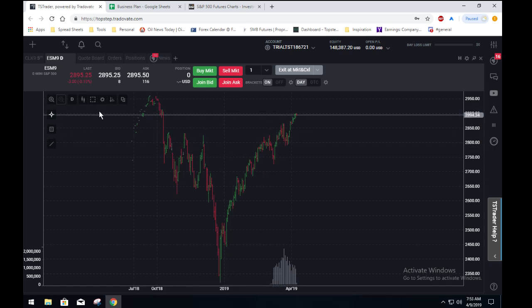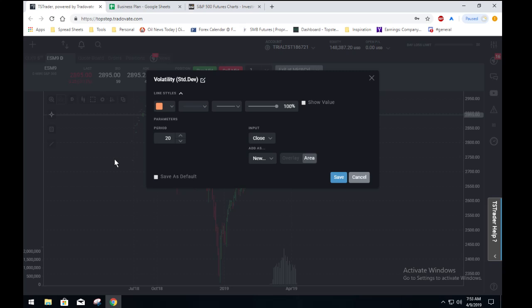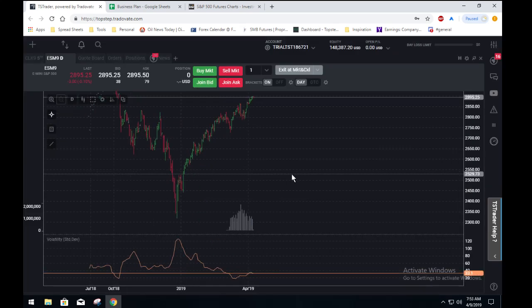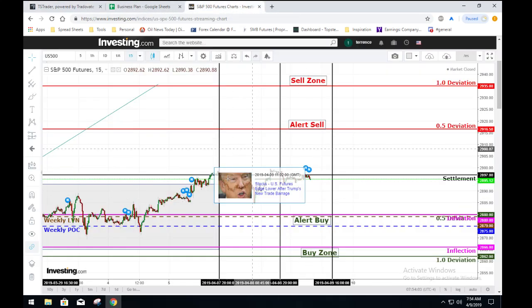On your daily chart, we go to indicators, standard deviation 21, show the value, save as default. Right, so your standard deviation is at 33 per day.